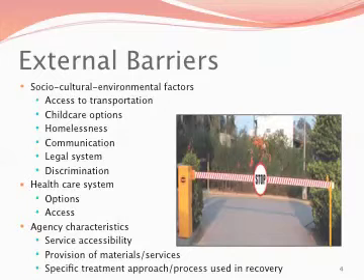And agency characteristics that can create barriers include service accessibility, provision of materials and services to meet the needs of multiple populations, and a specific treatment approach or process that might be required by the agency for all clients to use. These serve to further block either entry or completion of treatment services.